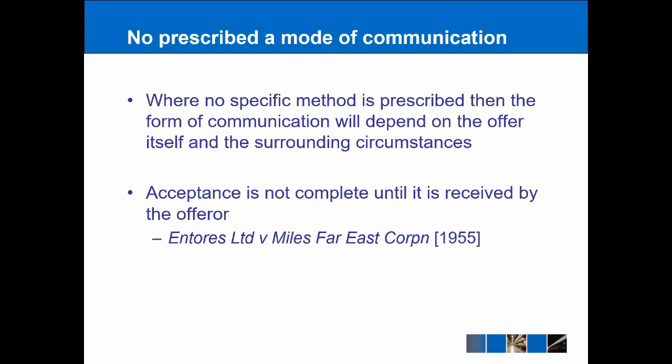And the question in the case was where the acceptance actually took place. The message was sent from Holland and it was received in London. And because acceptance is not complete until it is actually received, because that telex message was received in London, that is where acceptance took place, and that was the legitimate jurisdiction.